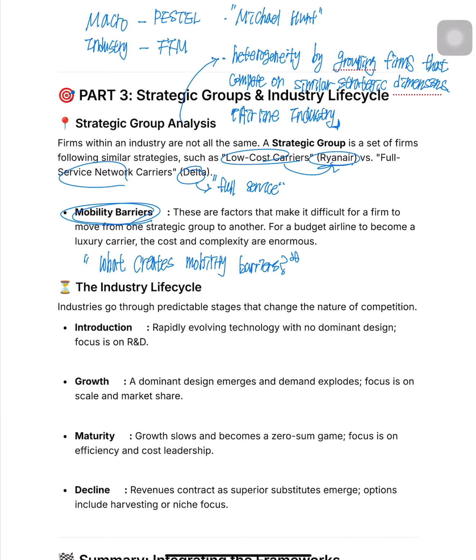The labor agreements, airport gate contracts, and brand promise are all configured around the full-service model. So moving to the low-cost group would require dismantling most of what makes Delta, Delta.